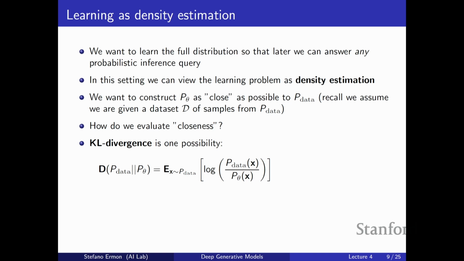Yeah, great question. So what would the interpretation be of the KL divergence if you flipped it, what is that? The question is what happens if we flip the argument here, and we have what's called the reverse KL, so the KL divergence between P theta and P data.